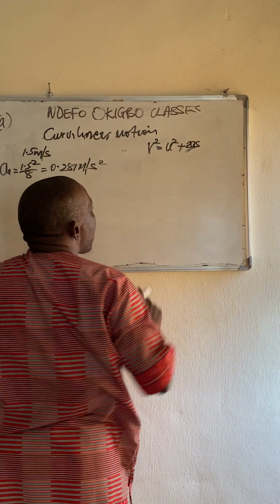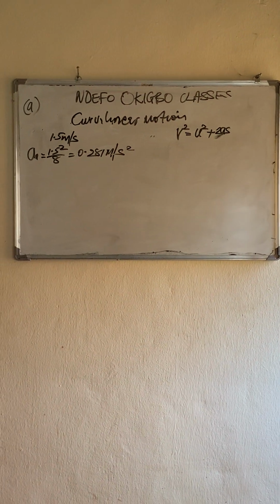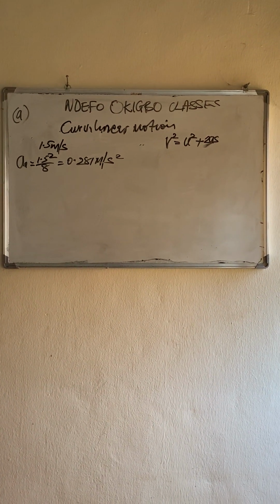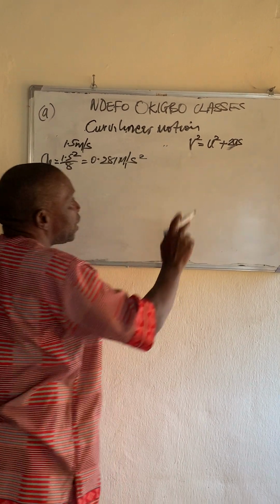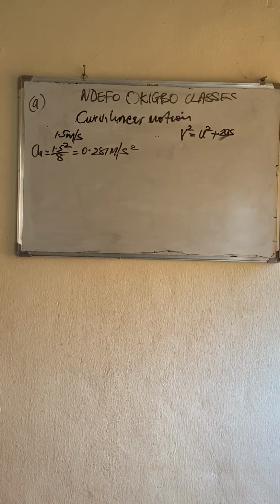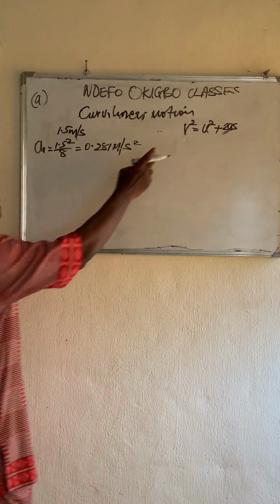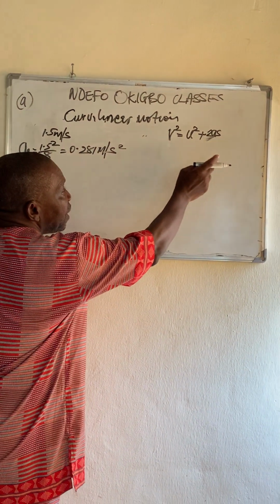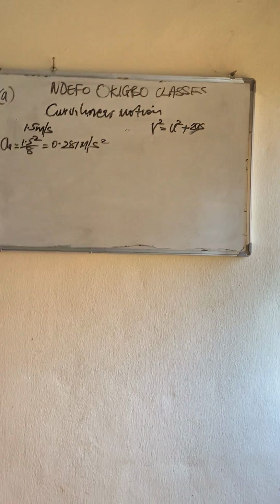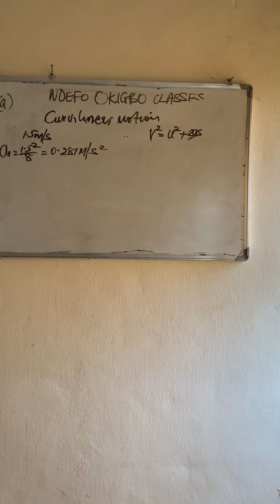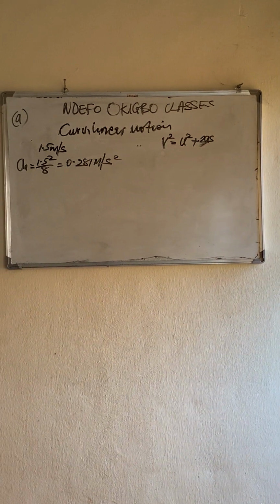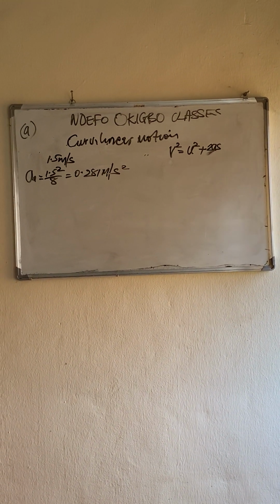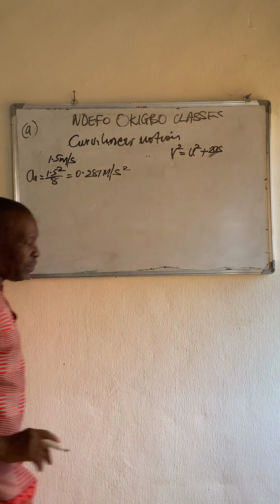If you go to where I prove the equations of motion, this is the third one. We have 1.2, the velocity at the end of the journey, then 1.5, then 8 meters, the distance traveled. So we can get the tangential acceleration.